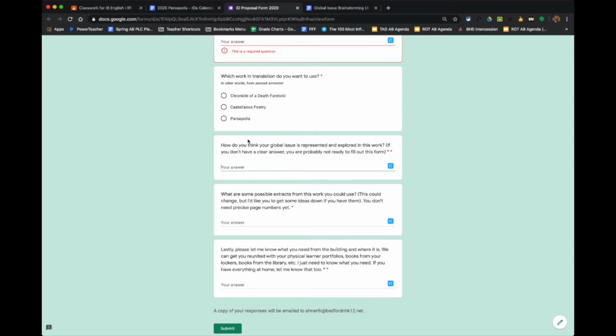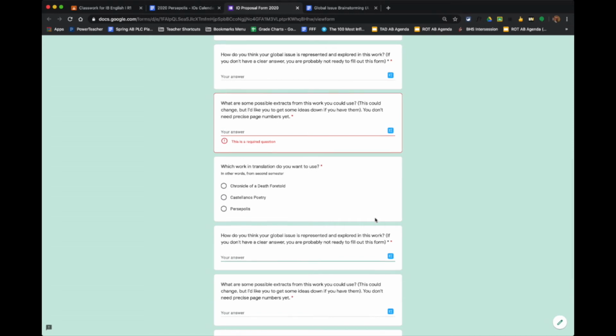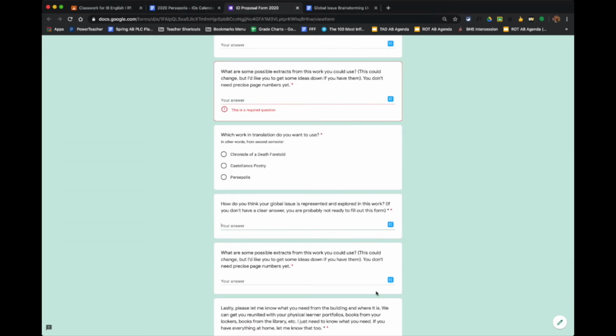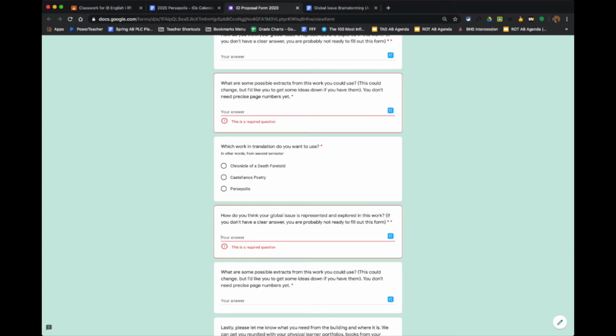Then we move on and we do the same thing for the second work from second semester. How do you believe this global issue that you would like to explore is examined by this work? And then possible extracts. Keeping in mind here, I already did this at length, but remembering that the global issue could be presented in a different way.